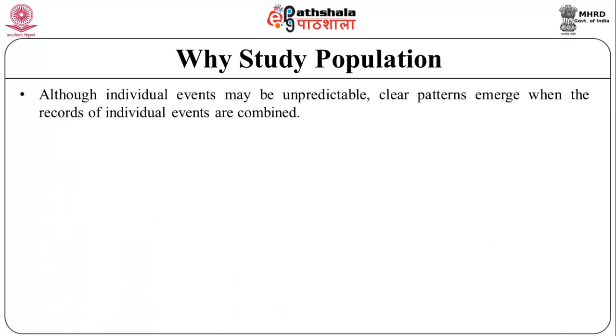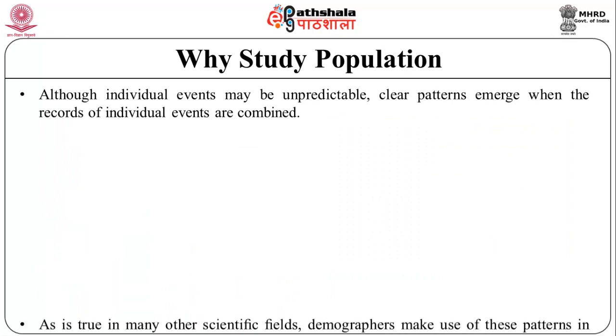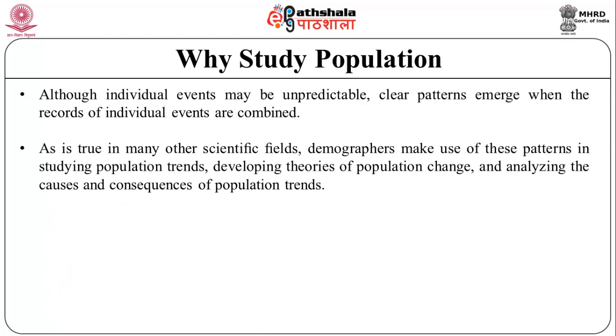Although individual events may be unpredictable, clear patterns emerge when the records of individual events are combined. As is true in many other scientific fields, demography makes use of these patterns in studying population trends, developing theories of population change, and analyzing the causes and consequences of population trends.